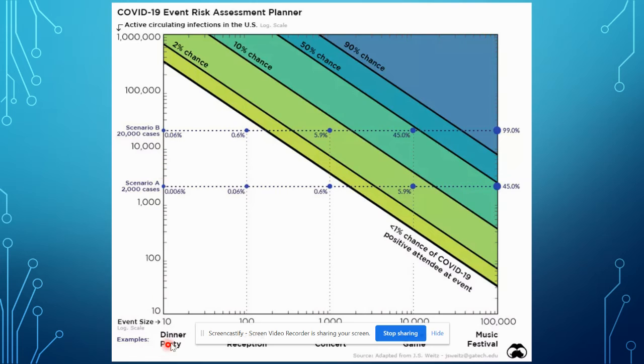So if there are 10 people at a dinner party, and in the US there are only 10 active cases, this is saying the odds of you getting COVID at this dinner party are somewhere between 6/1000ths of a percentage and 6/100ths of a percentage. That's crazy low. You can see that even if we get up to 100,000 people, the odds of you getting COVID at a dinner party are still very low.